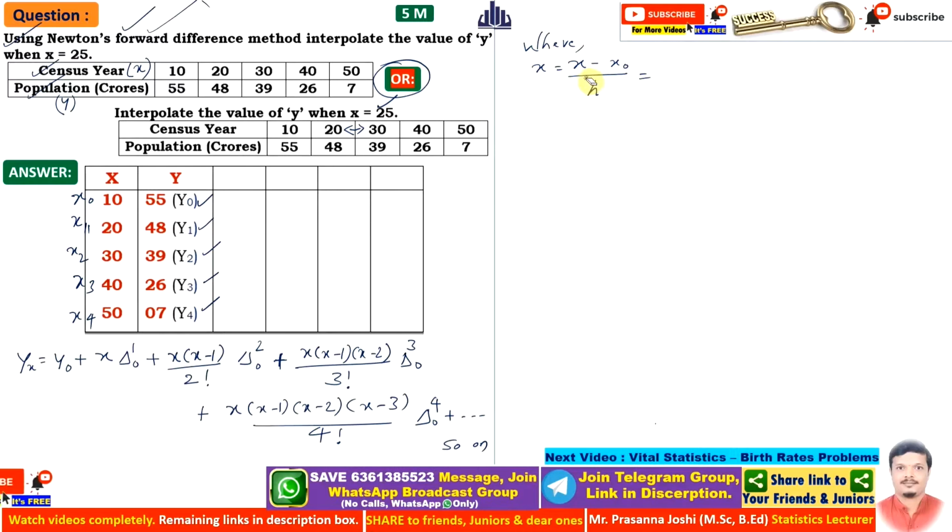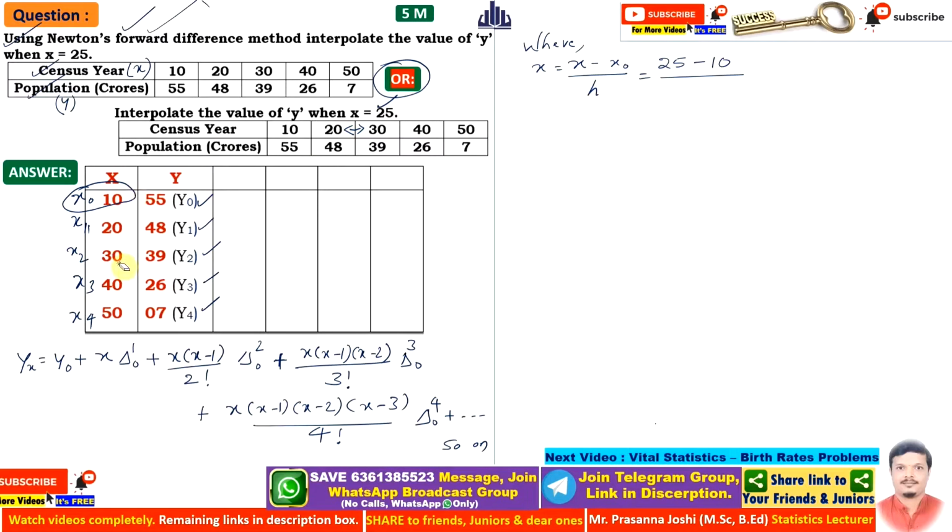What is this x? The value of x to be interpolated in the question. For what value of x the value of y is asked, that is this particular x value, given here as 25. So 25 minus x0, we have written here, x0 to be 10, then divided by h.